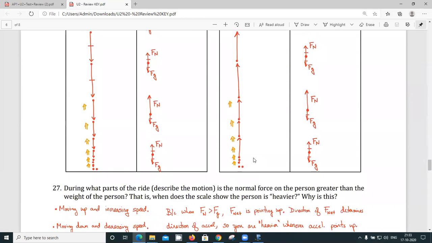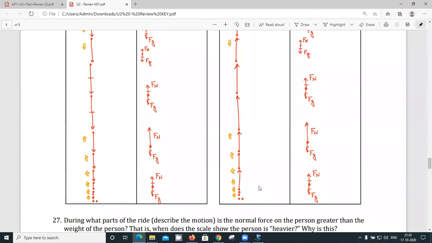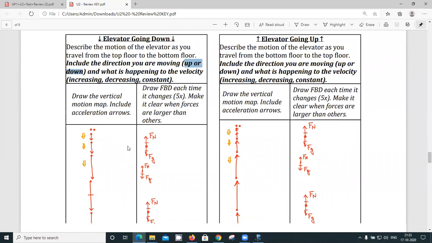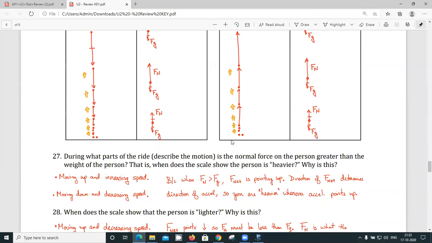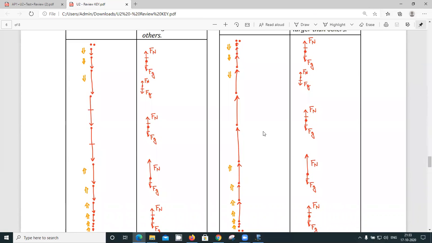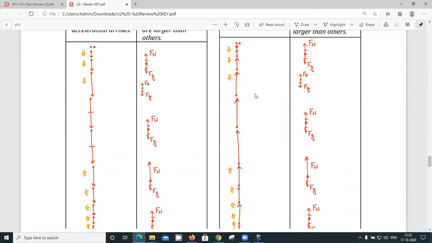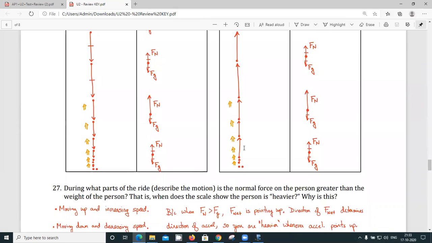For the elevator going up, you have to start from down. In the figure, the top part is at a height, the first floor, and the bottom part is at the ground floor. I hope that is the case here. The direction of the arrow is the direction of velocity, so it is going up.